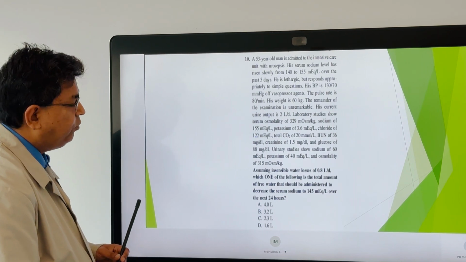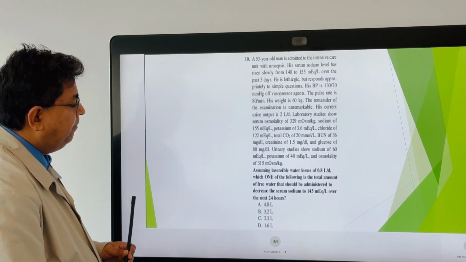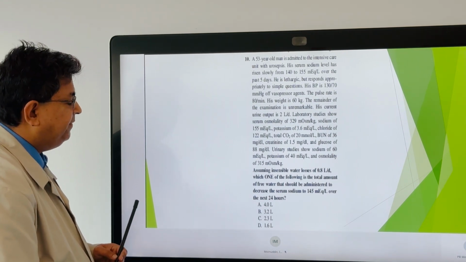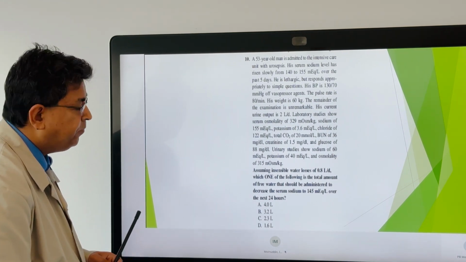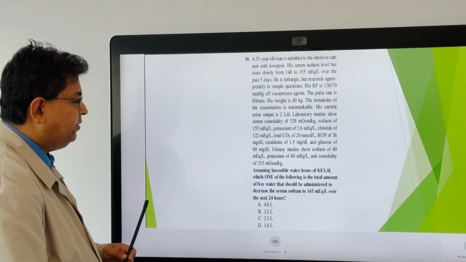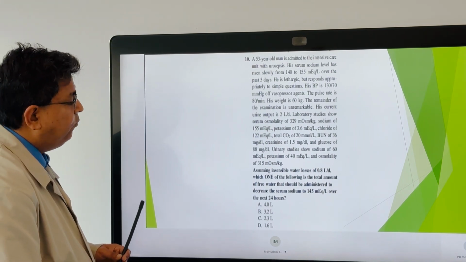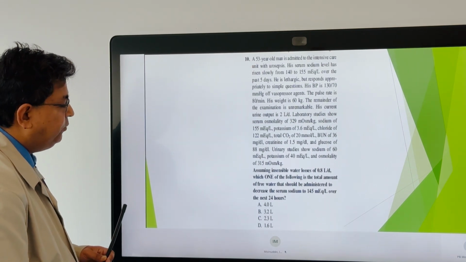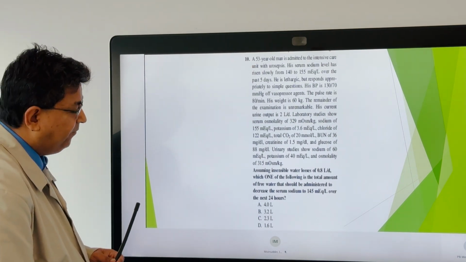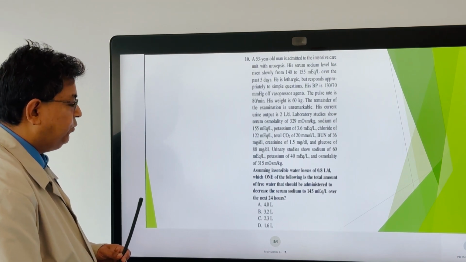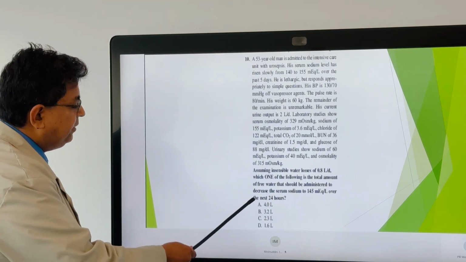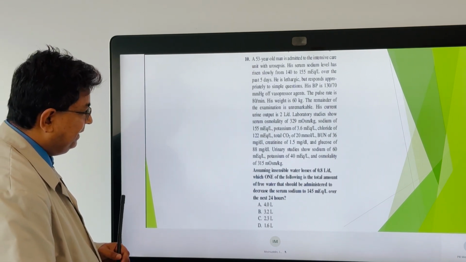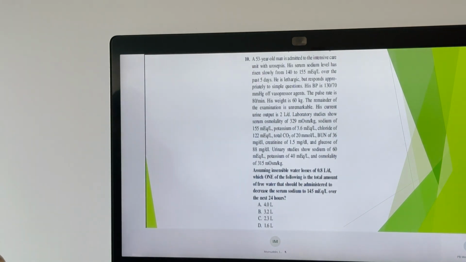Urinary studies show sodium of 60 milliequivalents per liter, potassium of 40 milliequivalents per liter, and osmolality of 315 milliosmoles per kilogram. Assuming insensible water losses of 0.8 liters per day, which one of the following is the total amount of free water that should be administered to decrease the serum sodium to 145 milliequivalents per liter over the next 24 hours? 4 liters, 3.2 liters, 2.3 liters, or 1.6 liters.